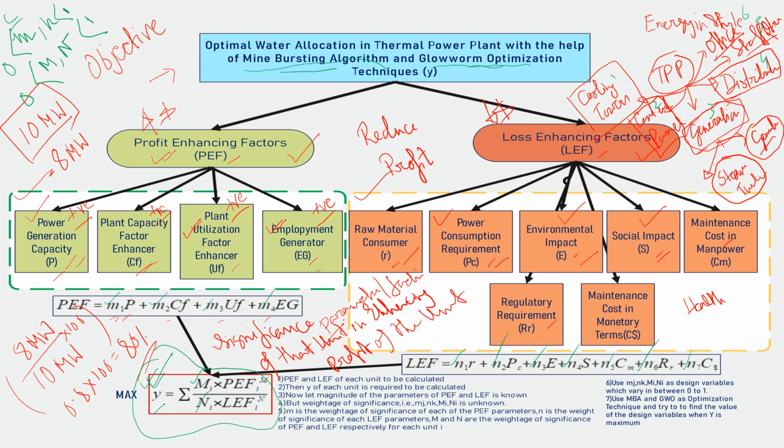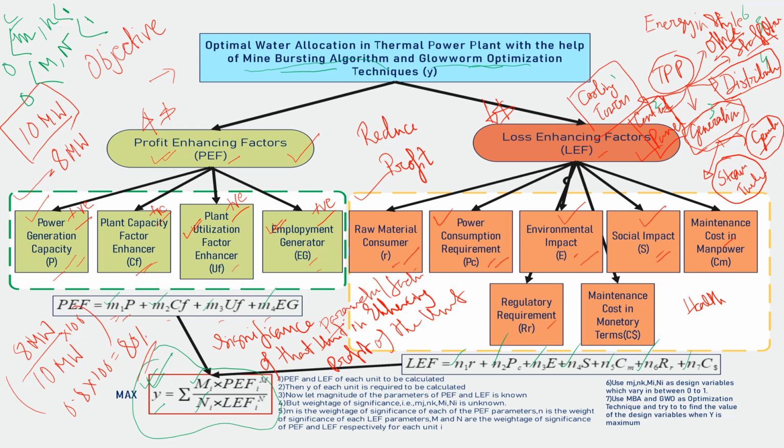If you go through my videos on mine blast and glowworm, you will remember that in both cases they give the position. Mine blast gives the position of that mine which will destroy all the other mines of a minefield if some sharp nails are thrown at that mine.